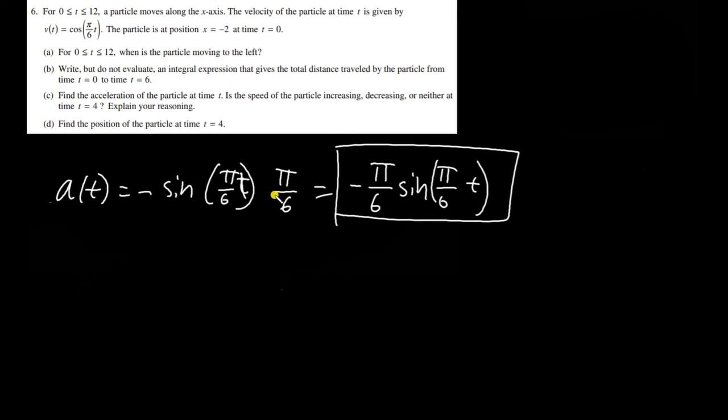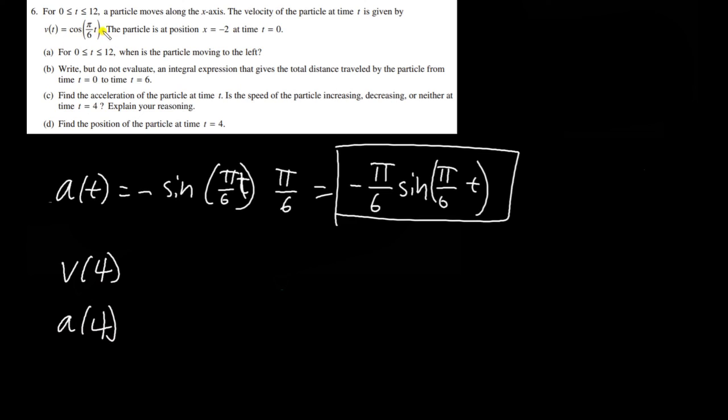And now we're also asked, is the speed increasing or decreasing at t equals 4? When they talk about speed, remember, speed is different than velocity. To determine whether the speed is increasing, decreasing, or neither, we look at the sign of the velocity and the sign of the acceleration. So at t equals 4, we're going to have to find v of 4 and a of 4.